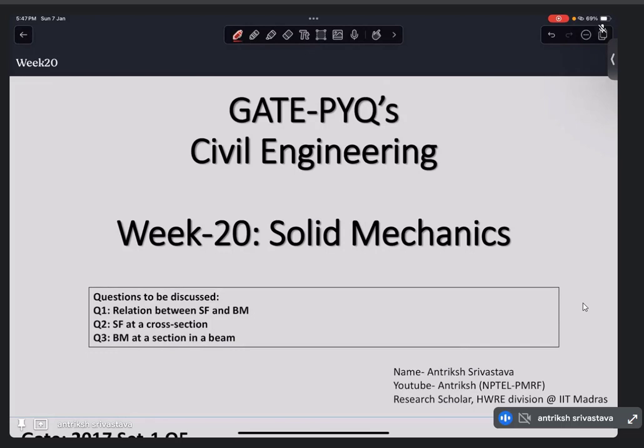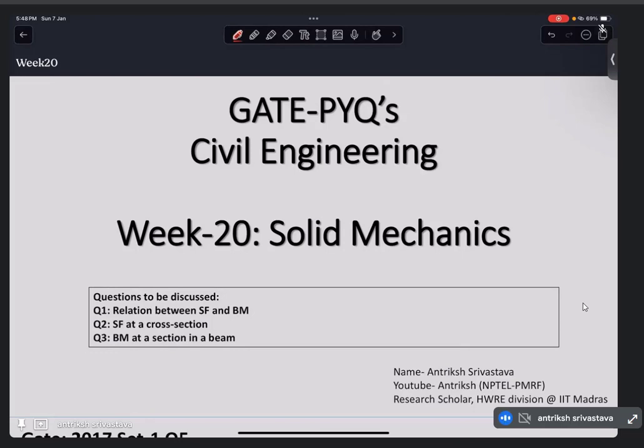So we have 3 questions. First question is a theory question that discusses the relation between the SFD and the bending moment. So when it is minimum, maximum, what is the relation between these two in the curvature and all. Then the second question is related to the shear force in a cross section. When you look at a beam, what is the distribution of shear force, shear stress actually.